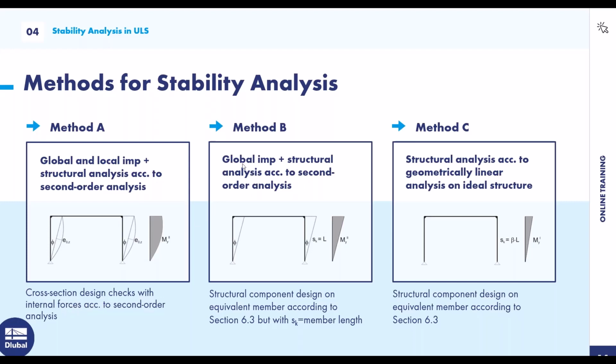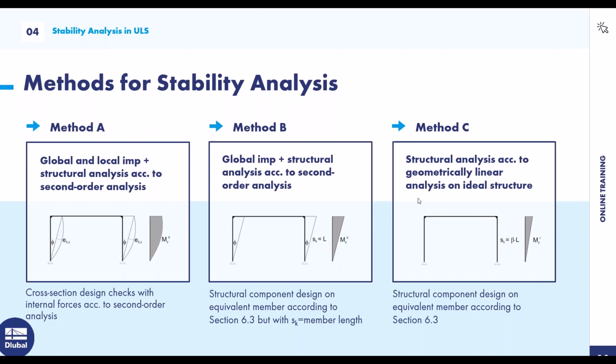Method B: global imperfection, which means only the initial sway imperfection, and then the structure analysis according to second order analysis. And what's quite important, you have to consider the buckling length as the member length, not with a factor. Sk is equal to the member length.